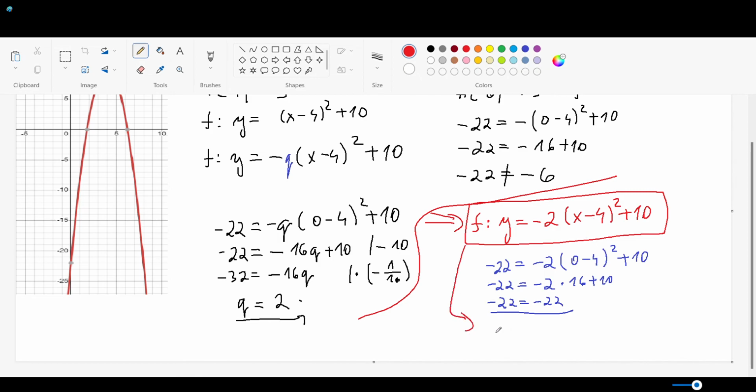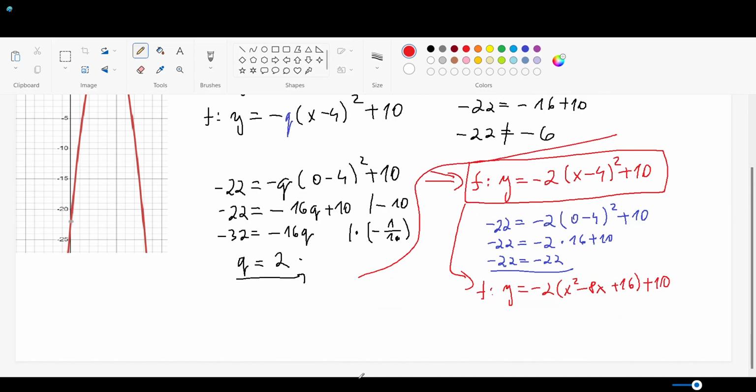So our final function will be y equals negative 2 times x squared minus 8x plus 16 plus 10. Let me just make it a little bit longer.